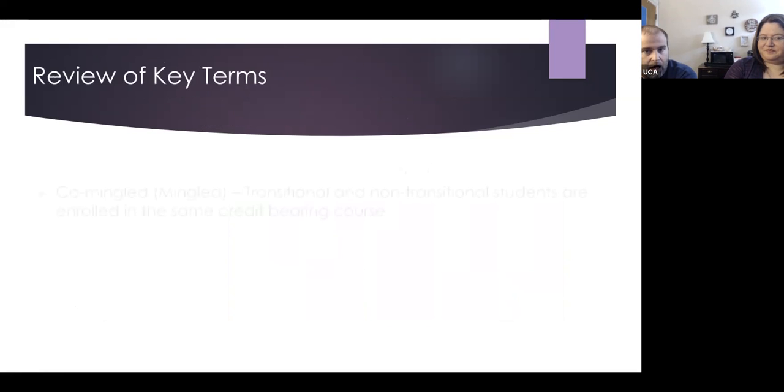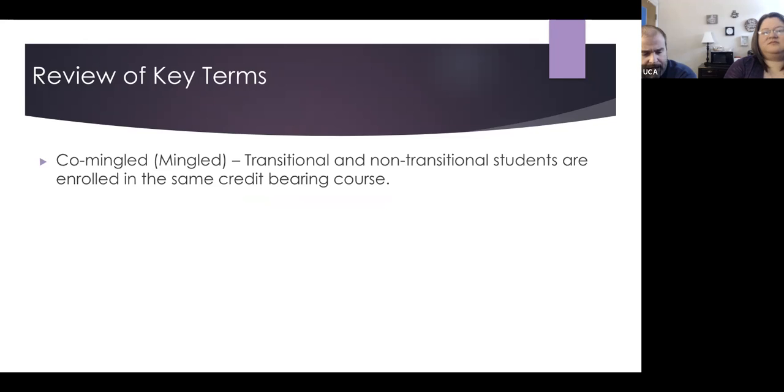So let's see. Just to review a few key terms that we might use several times today. One of them is commingled, or just a mingled approach, where we have students who are placed in a course with non-transitional or non-remedial students. So there might be part that are just what you might call a traditional student, a regular student, and then those paired with students that are transitional.